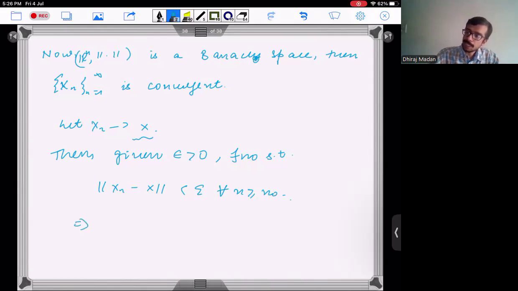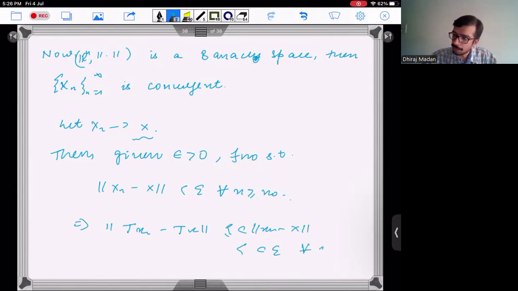So if I apply again that property of contraction mapping, what I'll get is that the norm of Txn minus Tx is less than or equal to c times the norm of xn minus x, which is less than c times epsilon for all n greater than or equal to n naught. Okay, because if for all n greater than or equal to n naught, xn minus x is less than epsilon, then by the contraction property, Txn minus Tx should be less than or equal to c times the norm of xn minus x. And that should then be less than c times epsilon for all n greater than or equal to n naught, right? And c is less than 1.